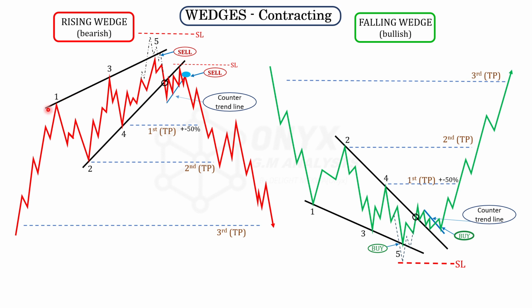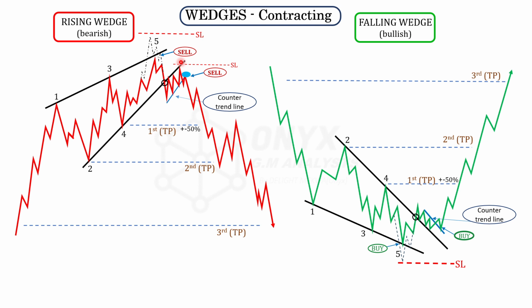Check the higher trend line, which is a resistance, and then look at this one as well. You can see that the upper trend line was rising, and then this lower trend line is also rising. But if we extend these trend lines to the future somewhere there, you can see that they are converging. They are not diverting, they are converging. In other words, they are contracting.